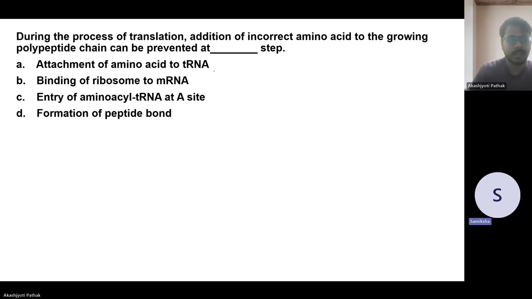So the correct answer is actually attachment of amino acid to tRNA. Because at this step, the aminoacyl tRNA synthetase is involved in attaching the particular amino acid to the tRNA.